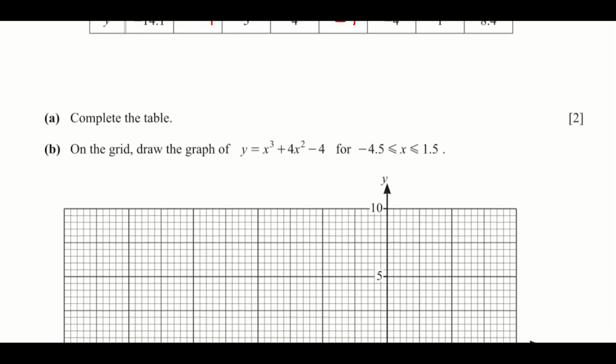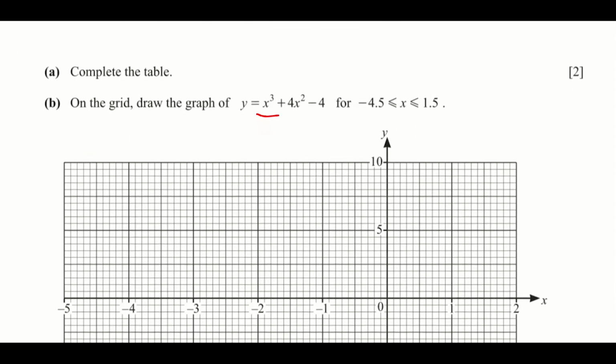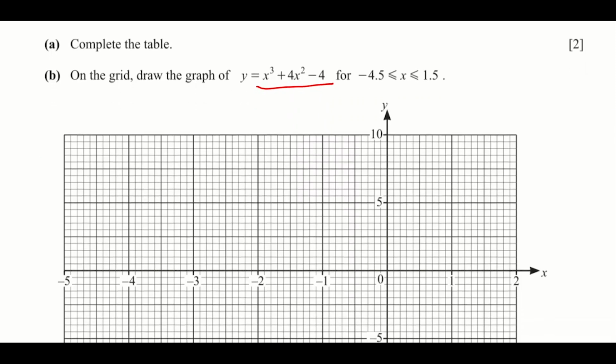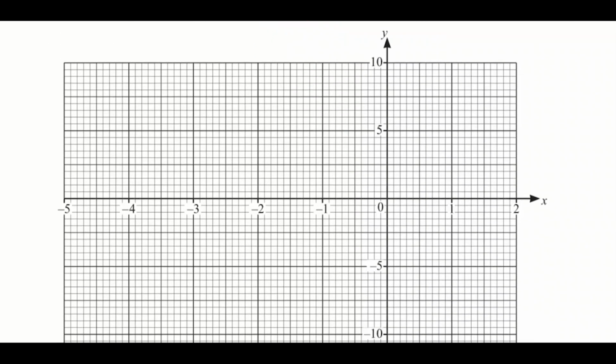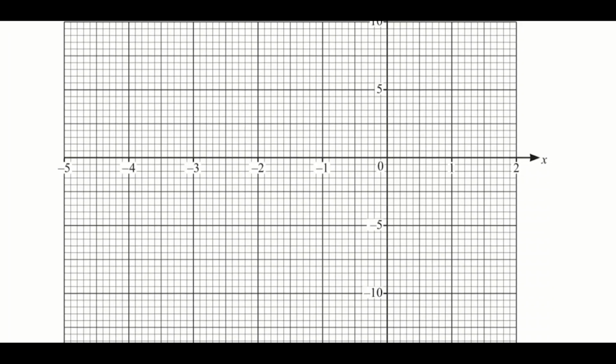Part B, on the grid, draw the graph of this. So we have the readings from the table. When x equals -4.5, so -4.5 is here, y is equal to -14.1.